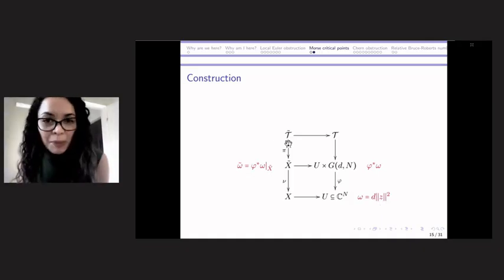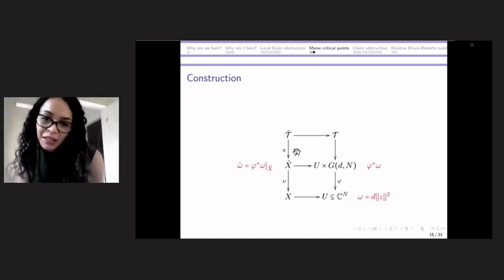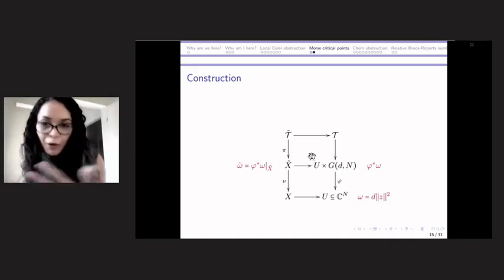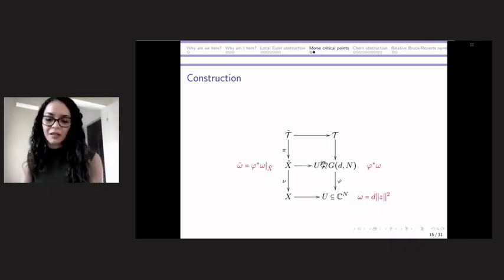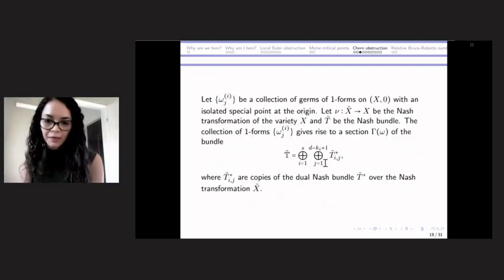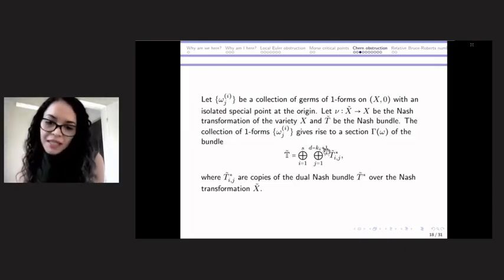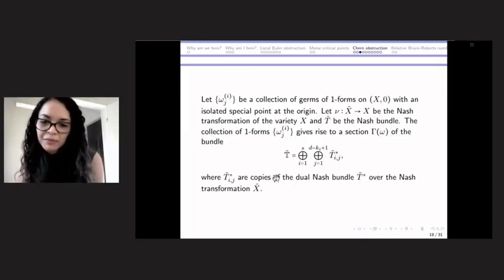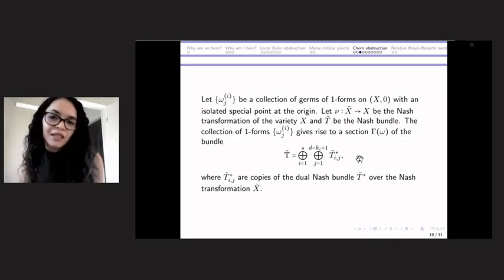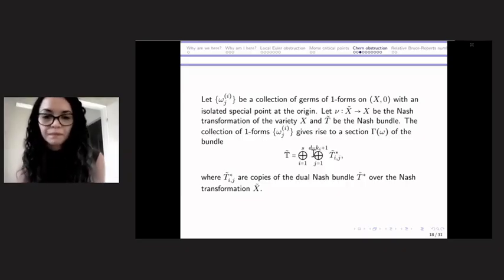We have as many copies of Nash bundles as forms you have in your collection. So this is what this very big and scary summation is saying. Each one of these is a copy of the Nash bundle, and we have as many as you need, so that once you have this big collection of differential forms, you have a section in the right bundle. Okay?